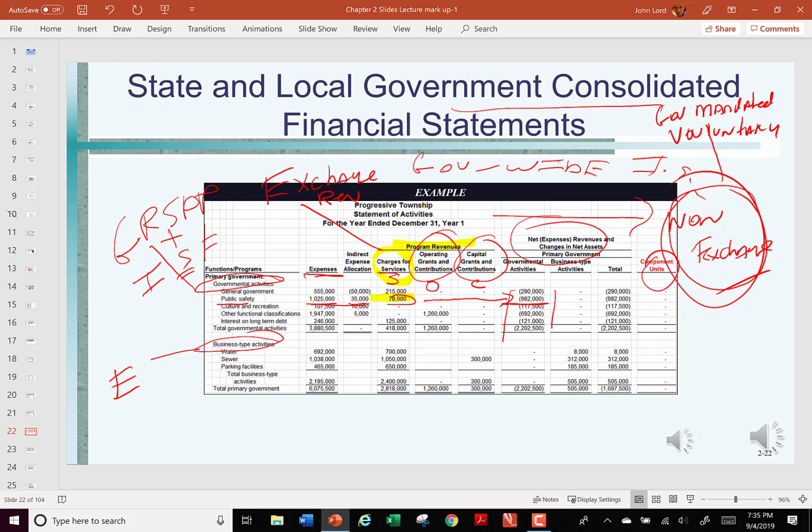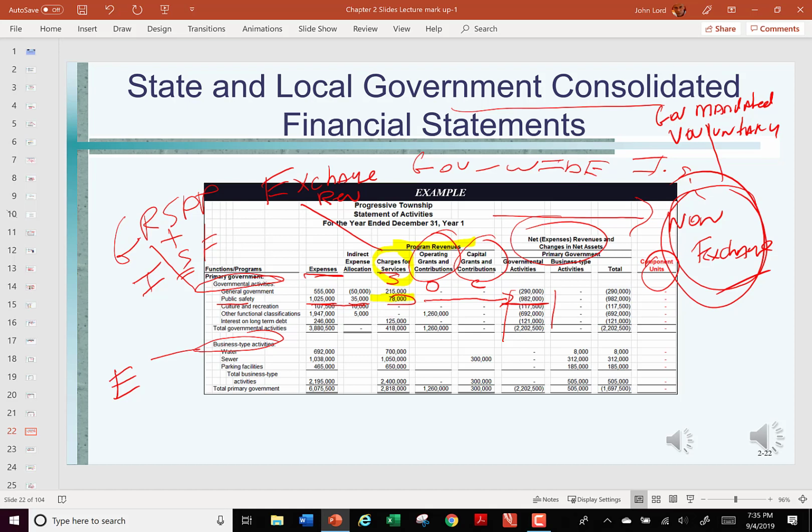Your county's next to mine, and I don't want your pollution spilling onto my county. And they don't want the counties going to war against each other, so what do they do? The state says, here, clean up that mess, County X, and here's the money to do it. Well, that's a what? Government mandated. They have to do it, don't they? Okay, they have to do it, and when they get money for that, that would be reported either as an operating grant or a capital grant.